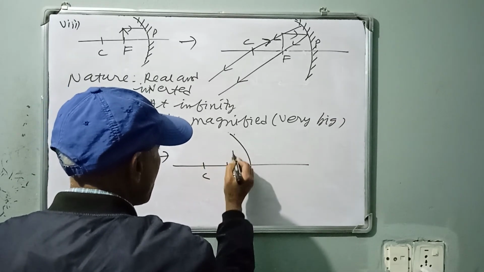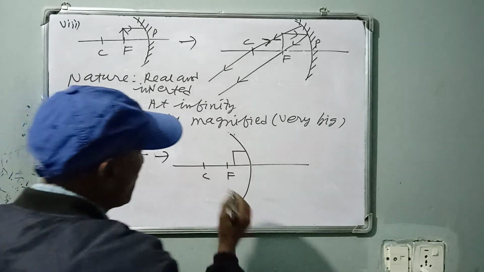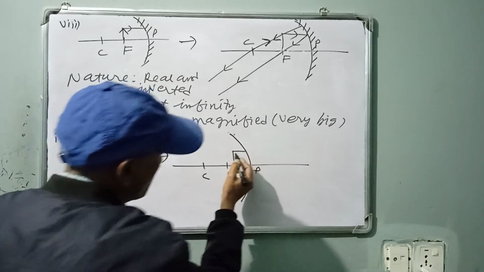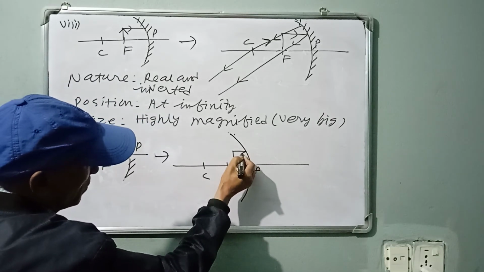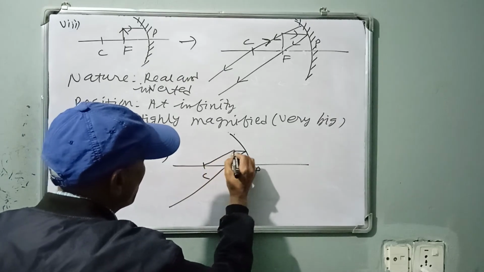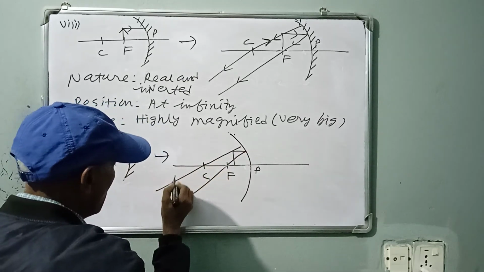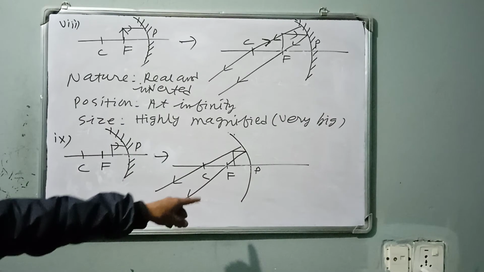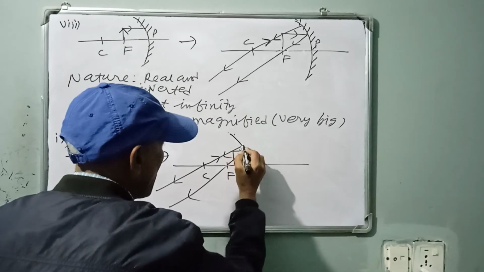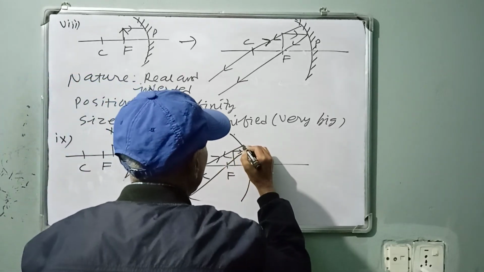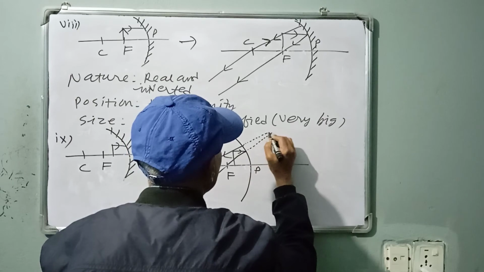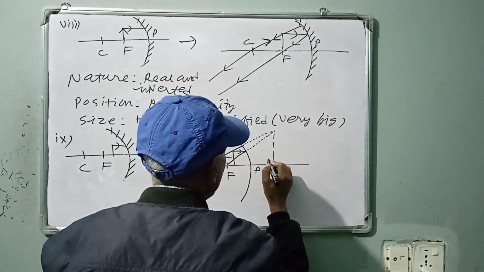The object is placed between F and P. Now, what happens? A parallel ray passes through the focus. Another ray, join these two rays. They don't meet each other. They are divergent. See, divergent. And what to do? Produce back.